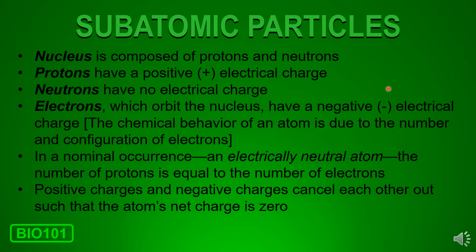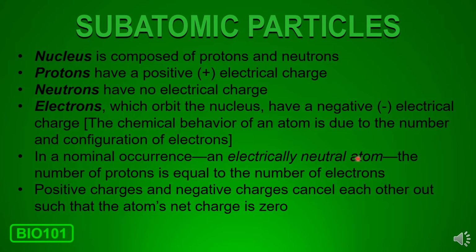And by the way, as we'll see, the chemical behavior of an atom is due to the number and configuration of electrons in that little cloud that orbits the nucleus. So in a normal occurrence, an electrically neutral atom, that's the normal situation. We're talking about the natural world here.